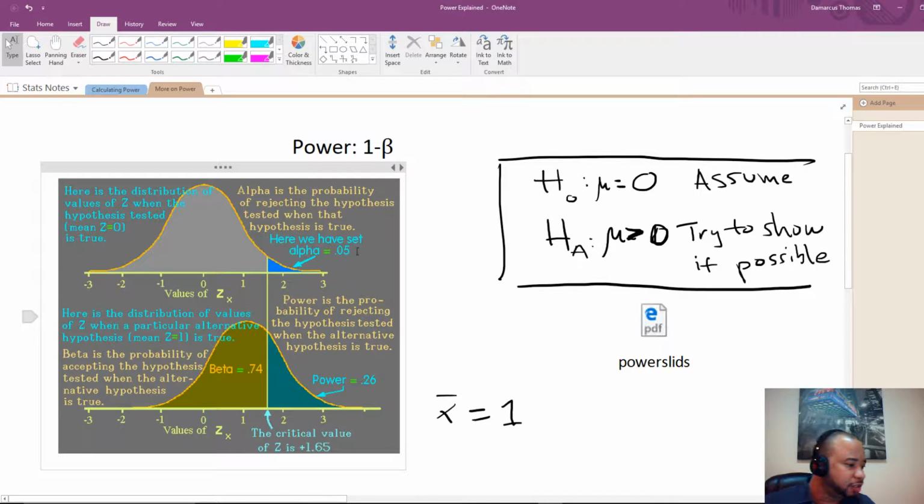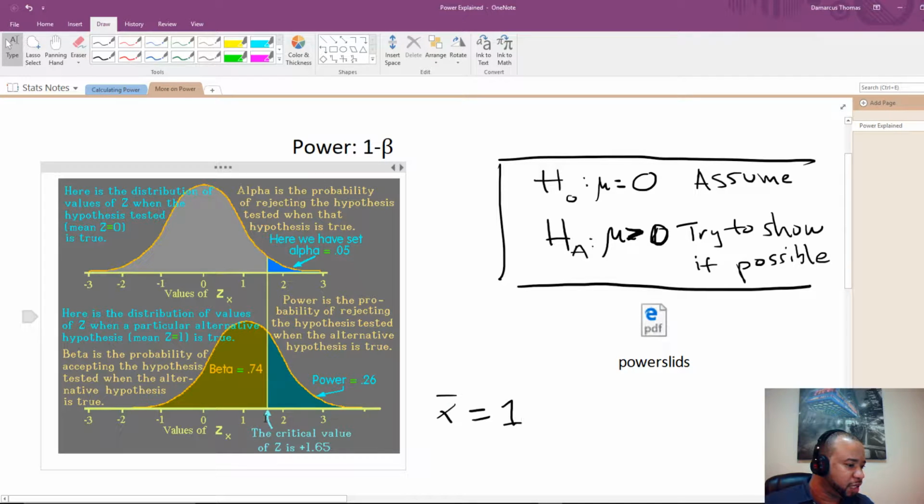All right? And so that means that right at 1, we have the average. That's the mean. So here is the distribution of values of z when a particular alternative hypothesis, mean z equals 1, is true. And so what happens is we create this line here.